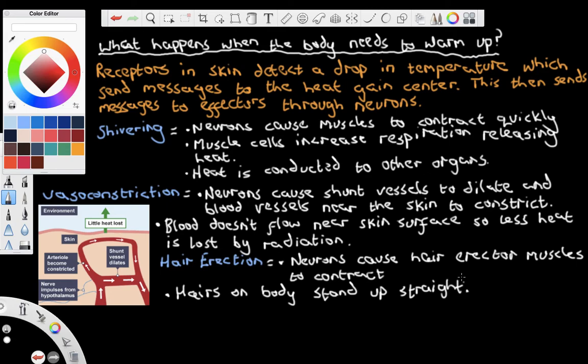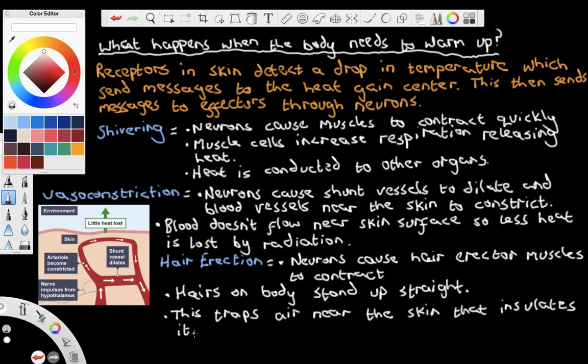We can say that this traps a layer of air near the skin that insulates it. So that prevents the loss of heat. Okay? Now I have got a couple more examples and then we're done, I promise you.